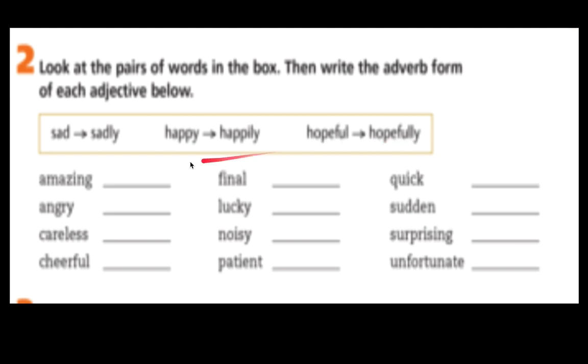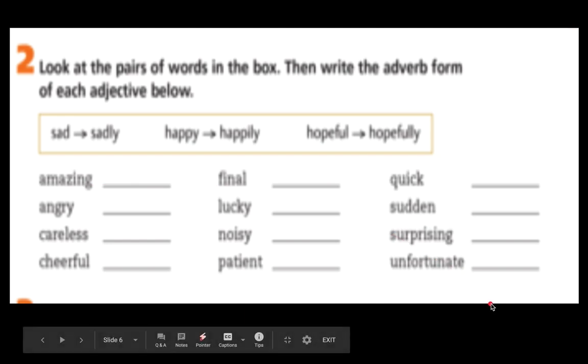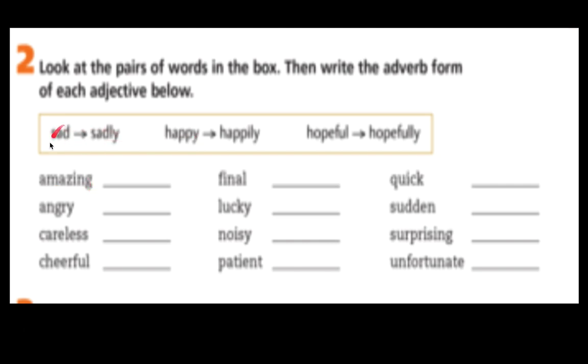Okay, let's try to change these adjectives to adverbs. I'll do the first one, then you can pause and try to do the rest. So let's see, amazing. Amazing is like sad, so we just add ly.